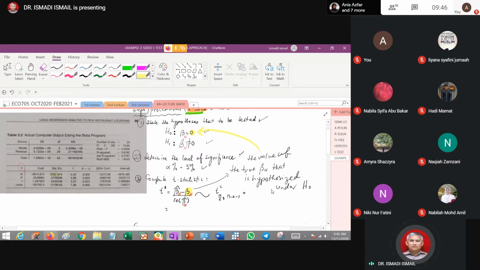This is the standard error. And this is beta hat n. So we substitute the value negative.